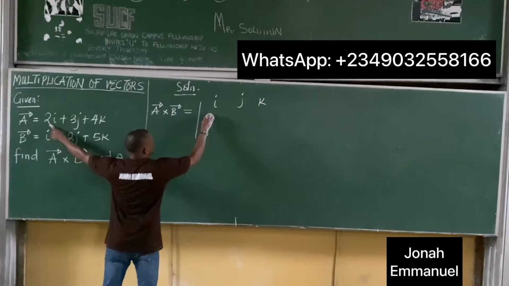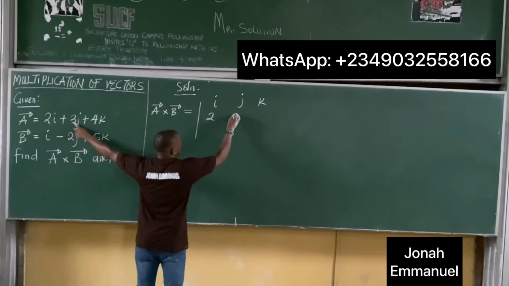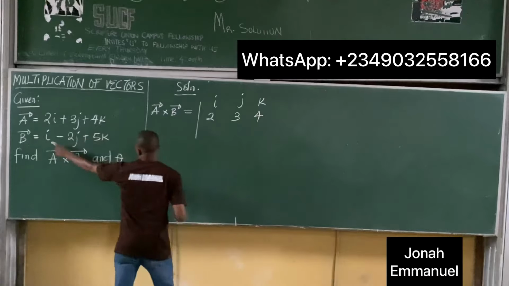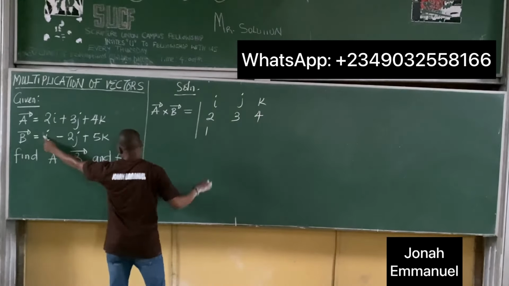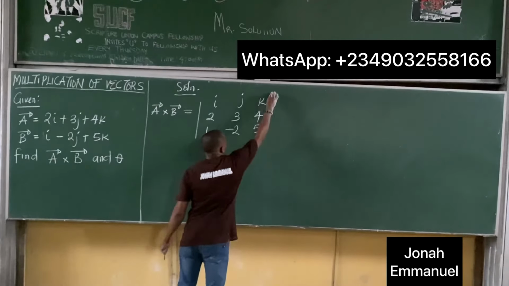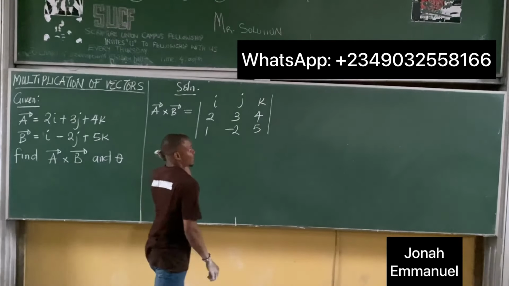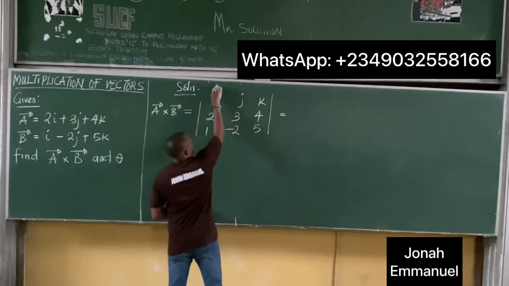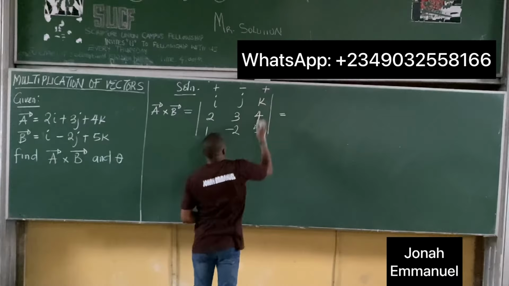This is 2 under i. This is 3 under j. This is 4 under k. This is 1, the coefficient. This is minus 2. This is 5. So I have this. If I work this out, I'm having plus, minus, plus.